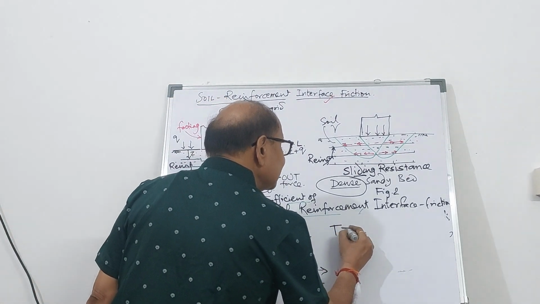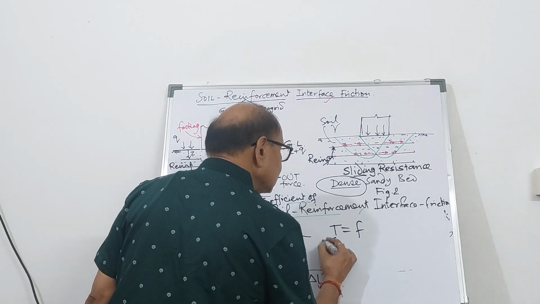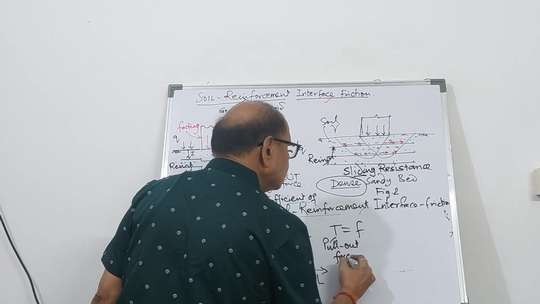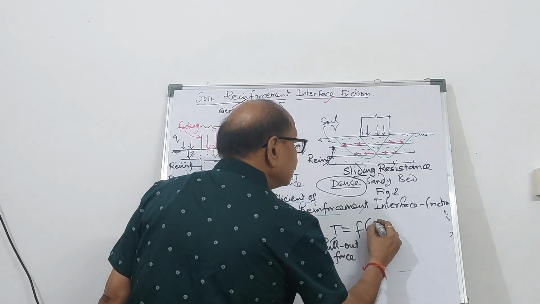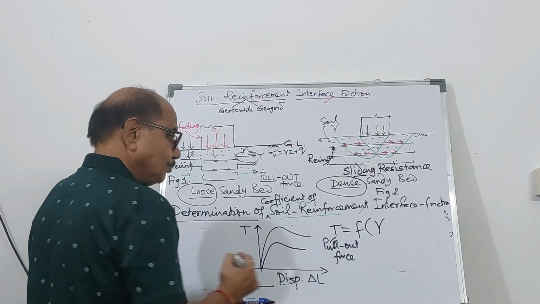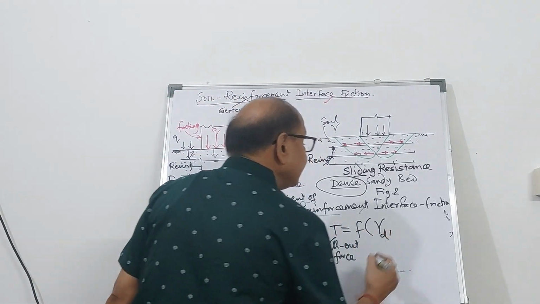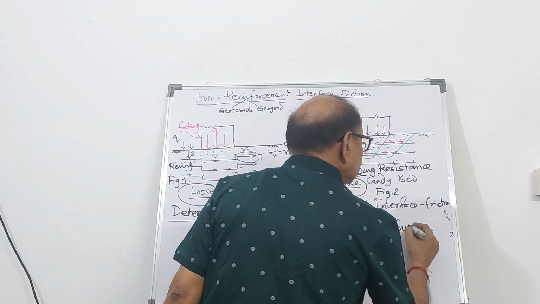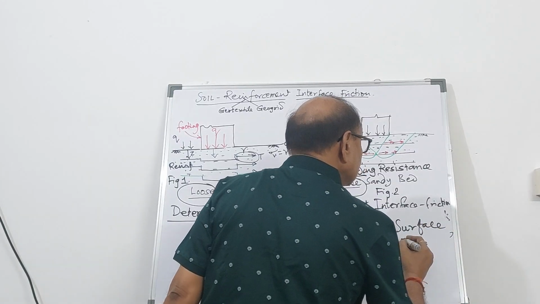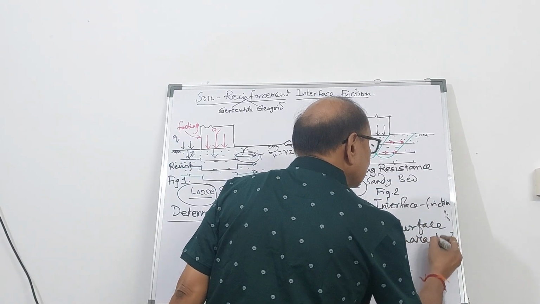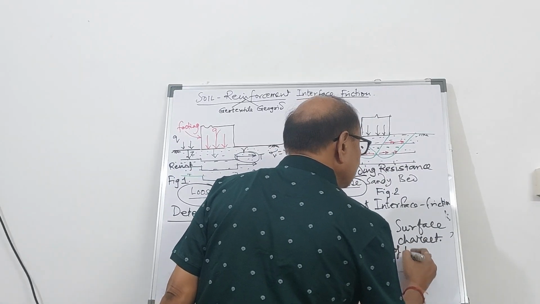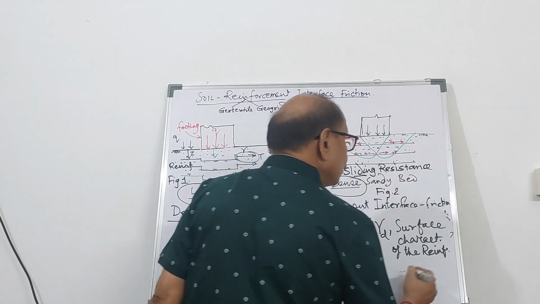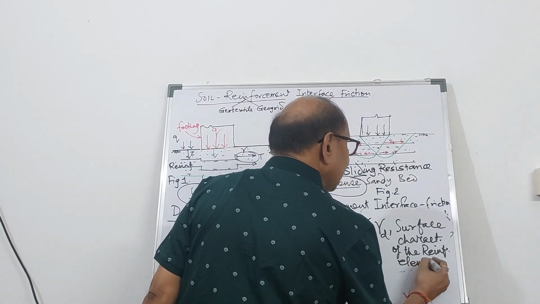So this T, the pull-out force, is a function of the dry unit weight, gamma D, and the surface characteristic of the geosynthetic reinforcing elements.